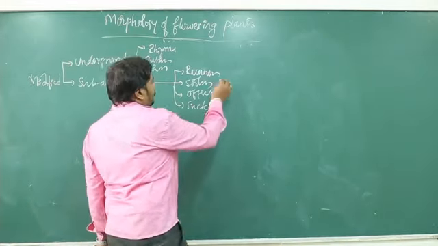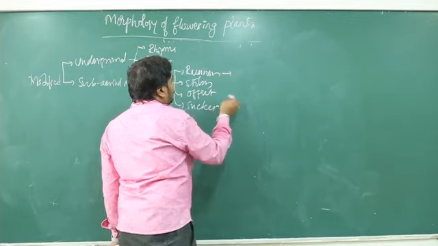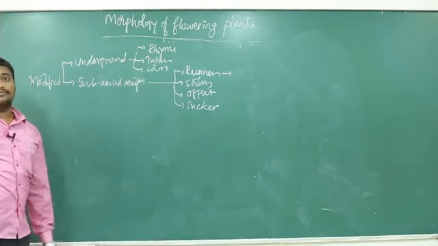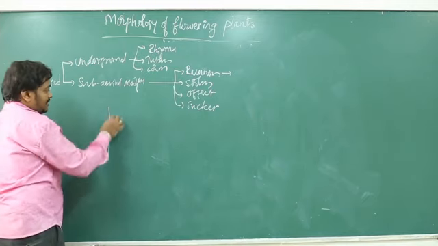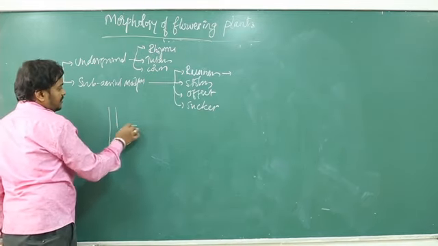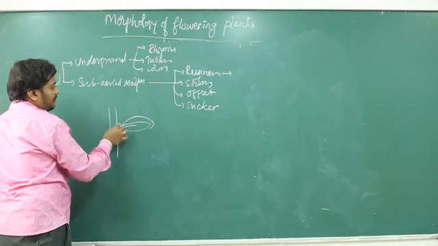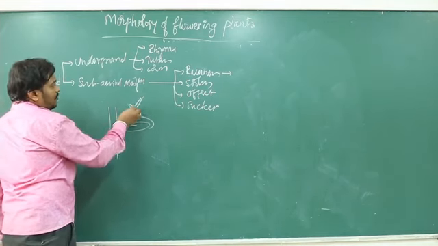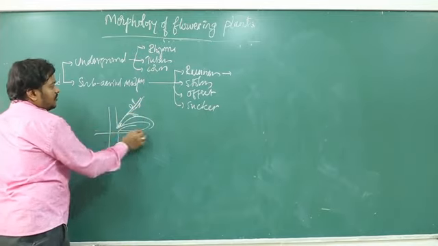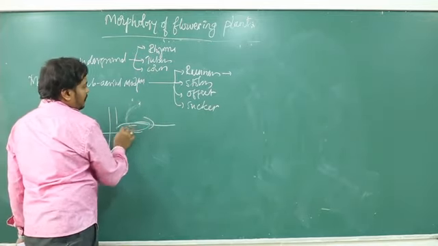Runner, stolon, offset, and sucker. So what is a runner? Remember all these are modifications of auxiliary buds or auxiliary branches. Buds in the leaf axil should grow into a branch, but instead those are modified for different purposes.